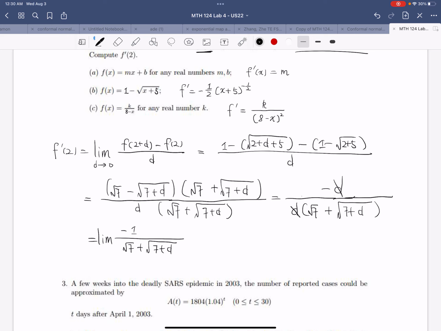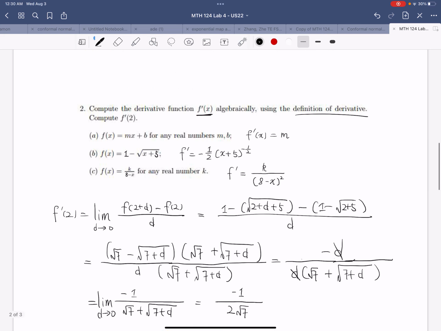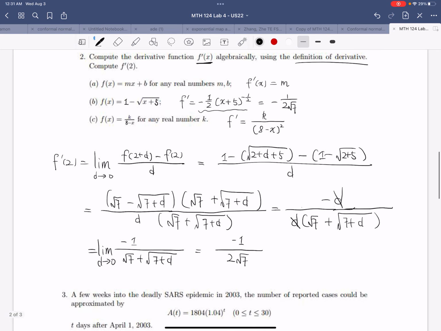Don't forget the limit. Now we can take the limit, and it makes sense, right? So it is minus 1 over 2 root 7, and that's the answer. You can check this with the formula from the power rule, which again gives us the same answer. So that's the second question.